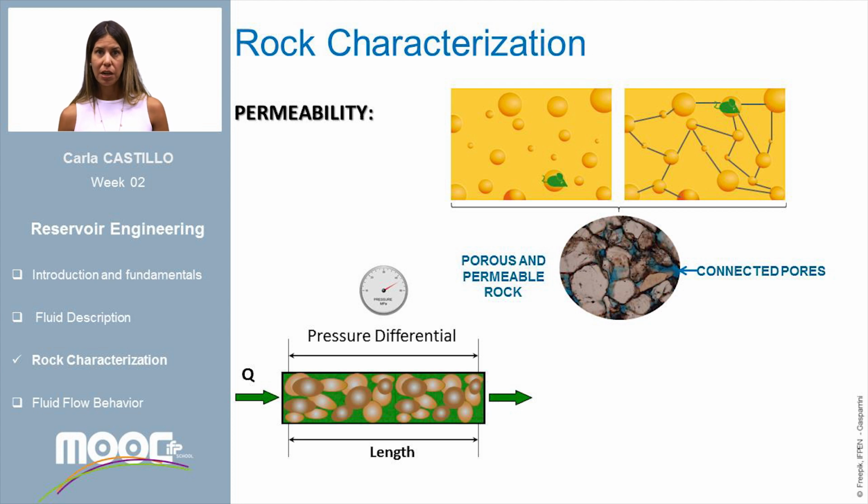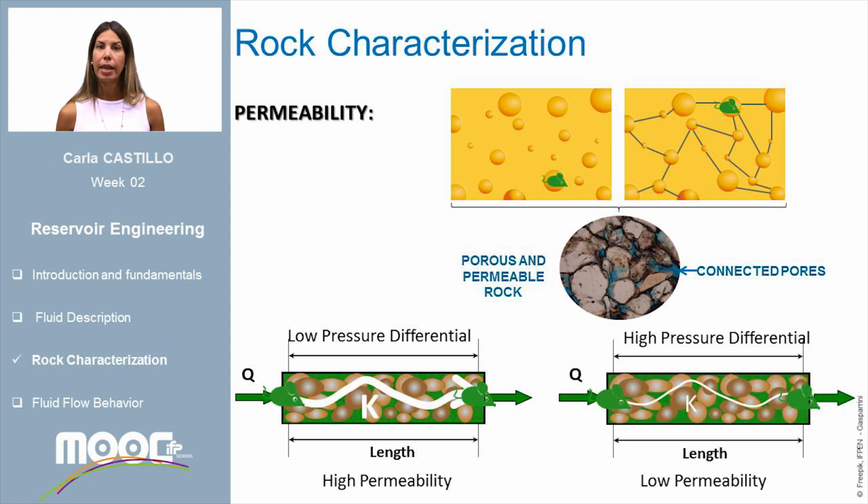Since the permeability characterizes the rock's ability to let any fluid move through the porous media, it means the pores' connectivity. Therefore, if pores are not connected, the fluids contained in these unconnected pores cannot be produced. The higher the permeability, the lower the pressure differential in the porous media. This is represented in the figure by the thickness of the arrow K.